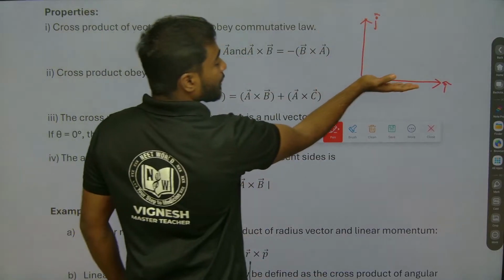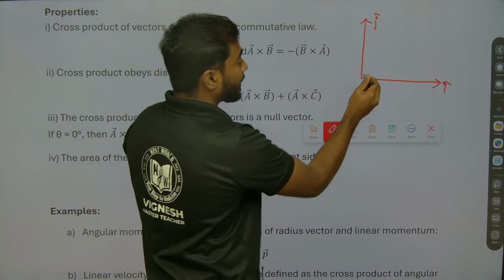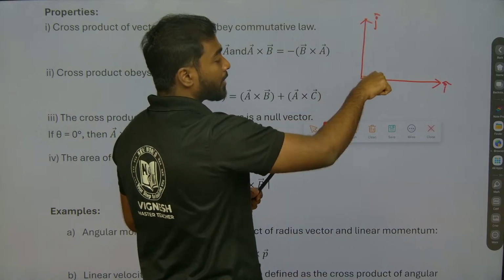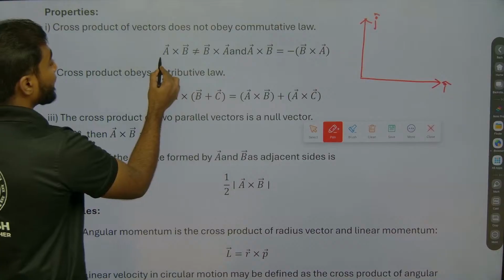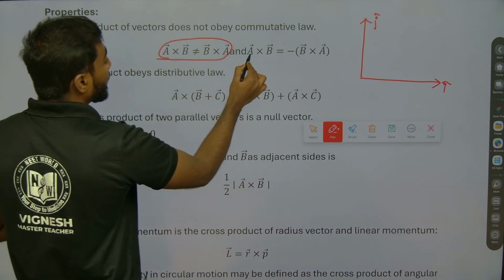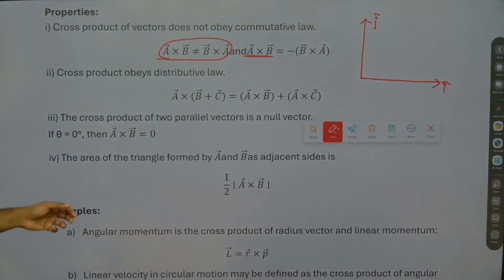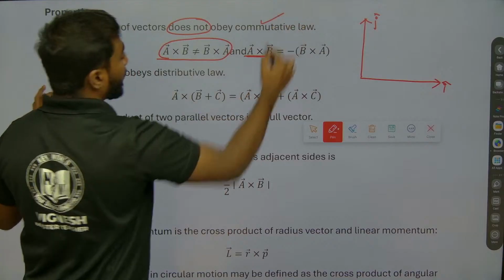When we are going from i to j, the resultant will be outward, that is k, right? Now when I am going from j to i, the resultant will be inward, that is minus k, right? So it is not equal. A cross B will be equal to minus B cross A. This does not obey the commutative law.